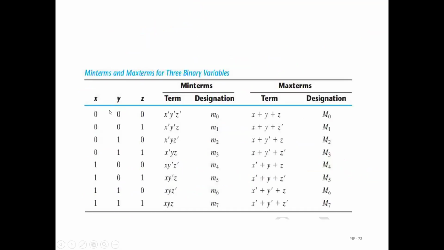Here you can see a table which has minterms and maxterms of three binary variables. Starting from 0 to 7, all the decimal combinations and the terms for how to represent for SOP, how to represent for POS, and their designations.